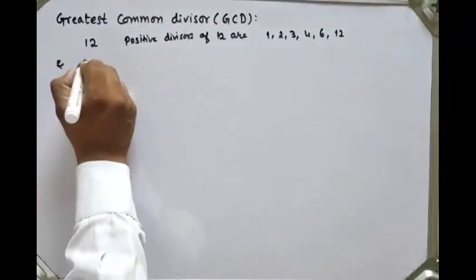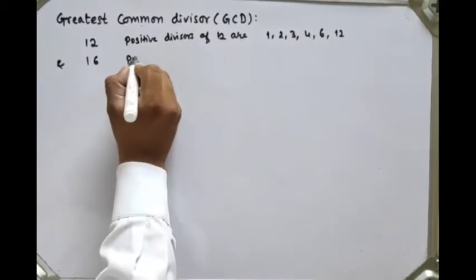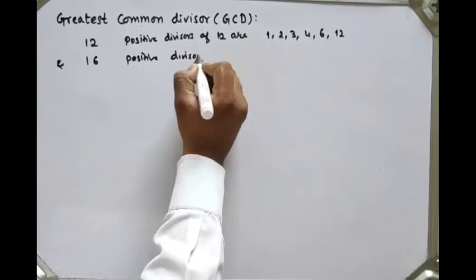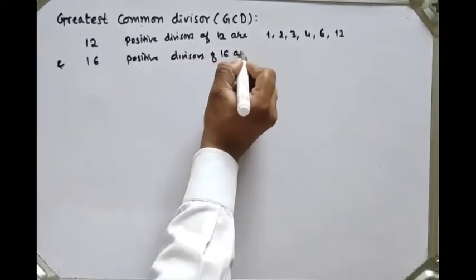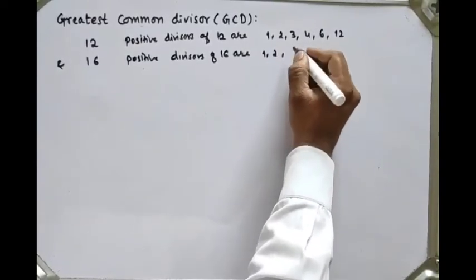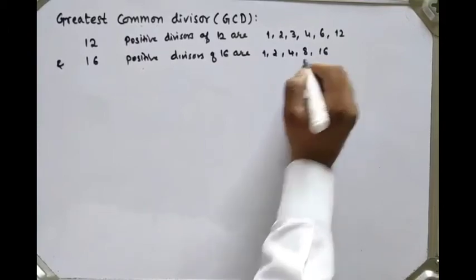And if I take 16, what are the positive divisors of 16? 1, 2, 4, 8 and 16, right?